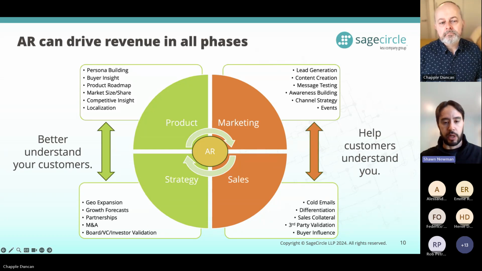And then when we look at marketing and sales on the right-hand side, that's really helping customers understand you. So taking that content and helping communicate that strategy, through lead generation from marketing and cold emails from sales, and we'll talk about the nuances there. But what I've seen, and I think effective organizations are starting to do, is consolidate sales and marketing.